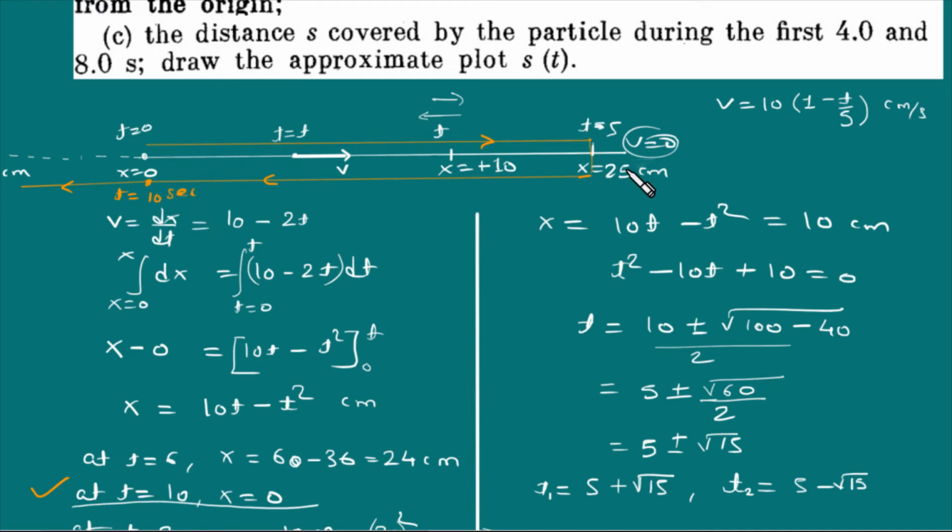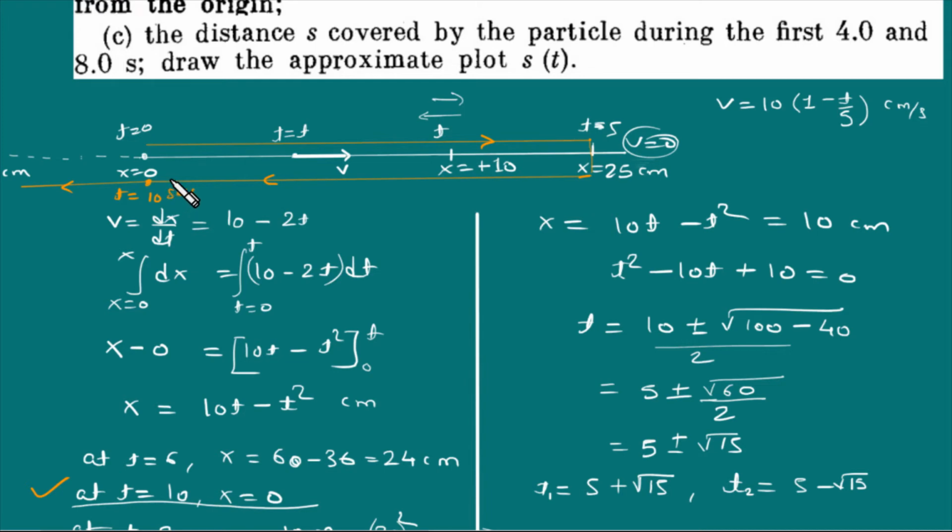So in the onward journey, it has traveled 25 centimeter, and in the return journey, it has traveled again 25 centimeters. So the total distance in 10 seconds will be 25 plus 25, 50 centimeter, but displacement will be 0.